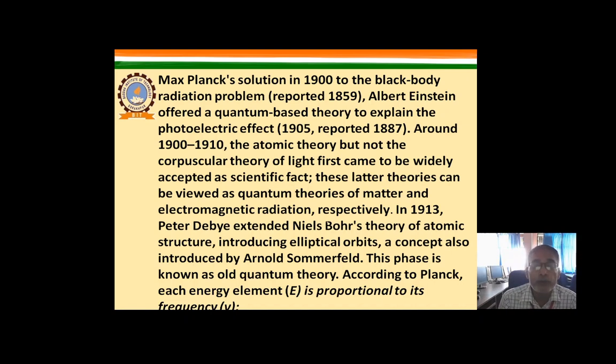It cannot be 1.5 or 2.5. It should be a whole number. h is Planck constant, where the value of Planck constant is 6.62 times 10 to the power minus 34 joule second, and nu is the frequency of radiation.